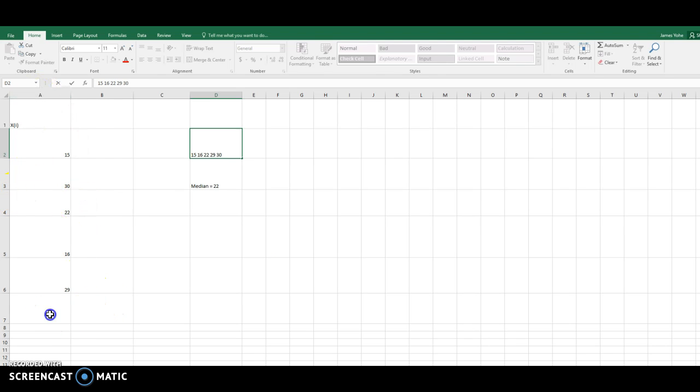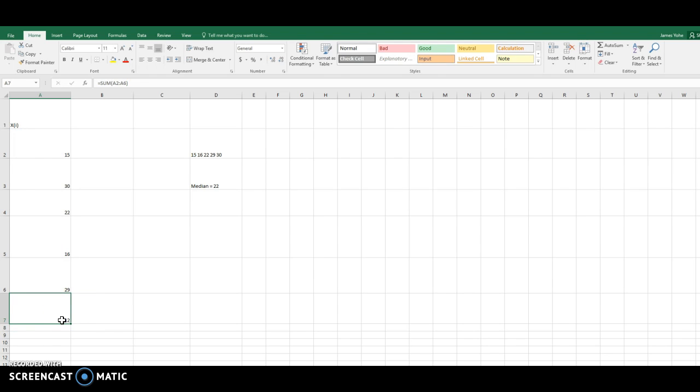Now, the next thing we're going to do is the mean. The mean, we're going to add up all of our x sub i. We're going to sum x sub i from, in this case, 1 to 5, because we have 5 observations. So we're going to sum those up. So I've got the sum.